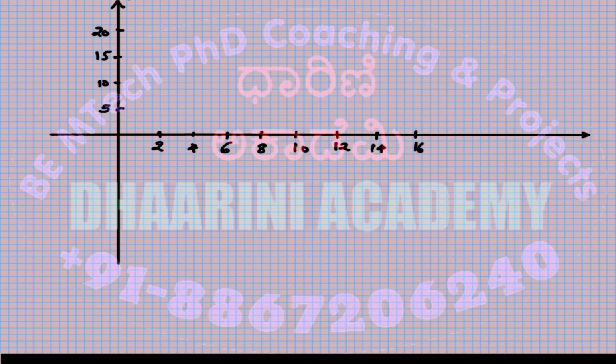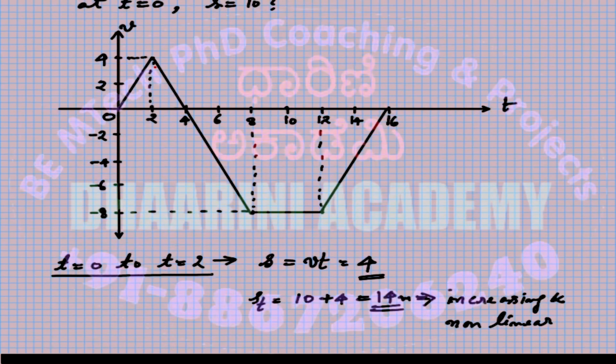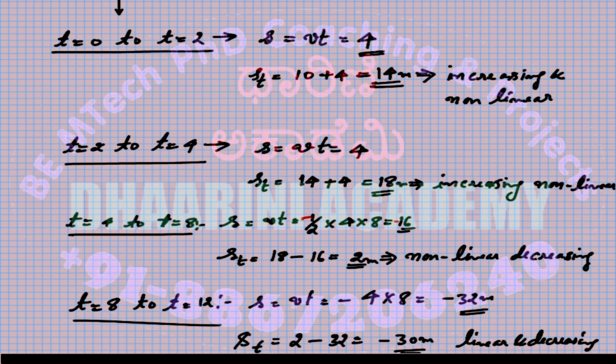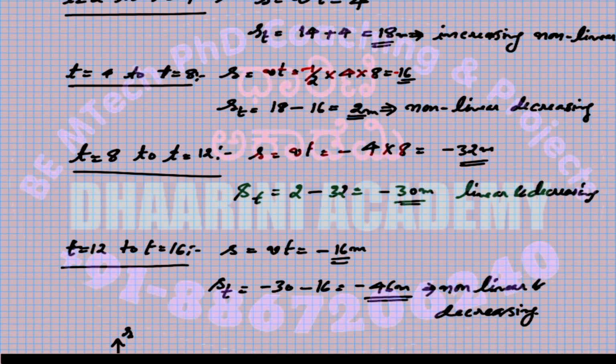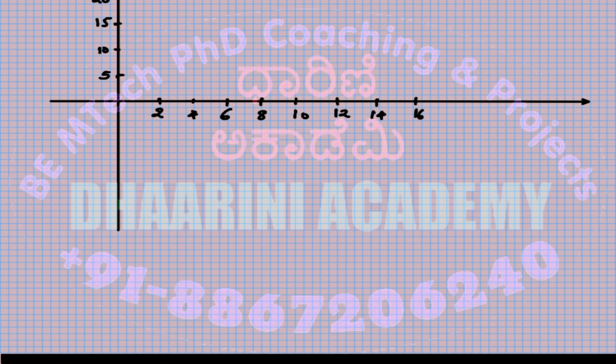Let's see how much we need to plot. So let me go back and check the values. So there is a plus 14 plus 18. So positive till 18, but negative I want till minus 46.